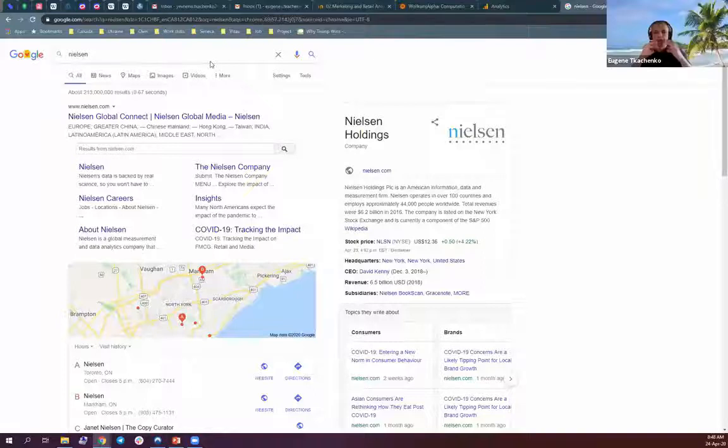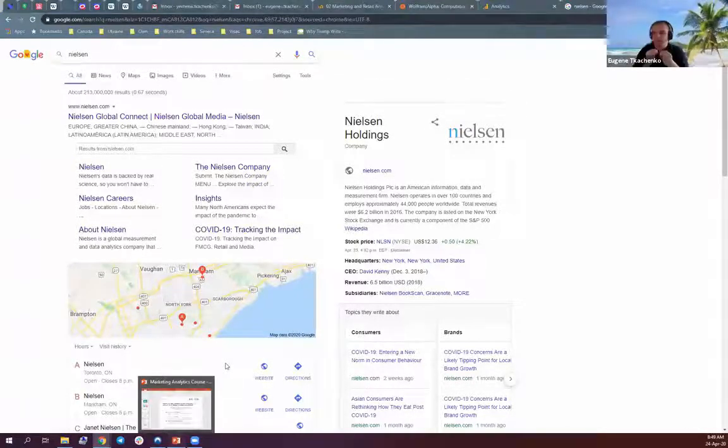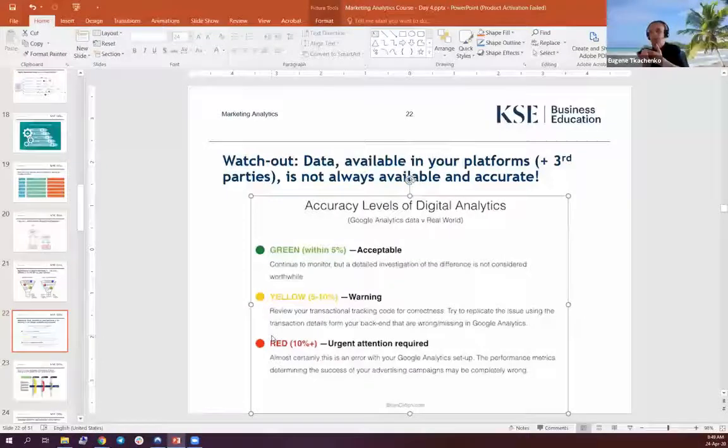So the primary source of truth, and when you're referring to the percentages in terms of deviations, if the numbers on Facebook versus numbers in Google Analytics are within 5%, it is considered acceptable.